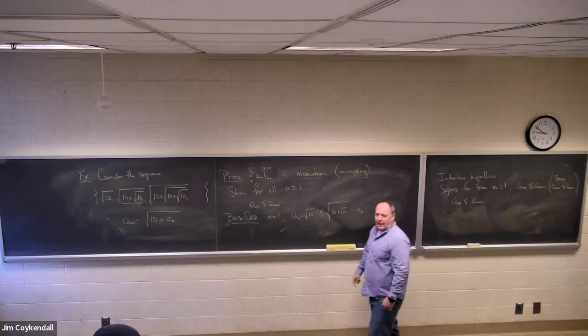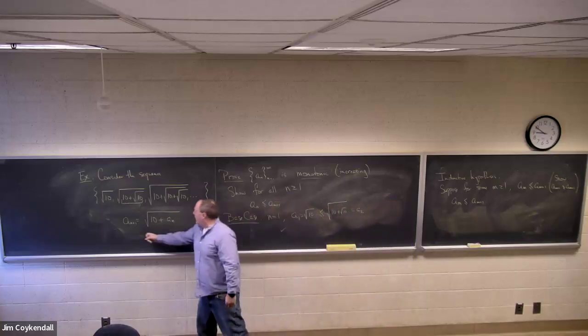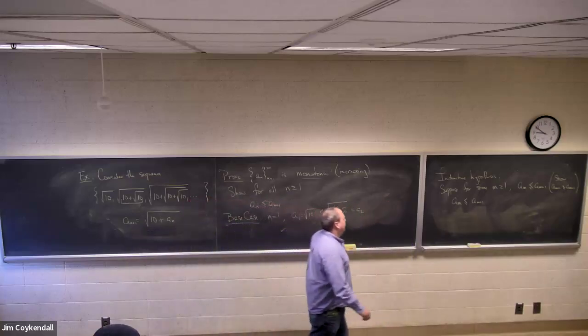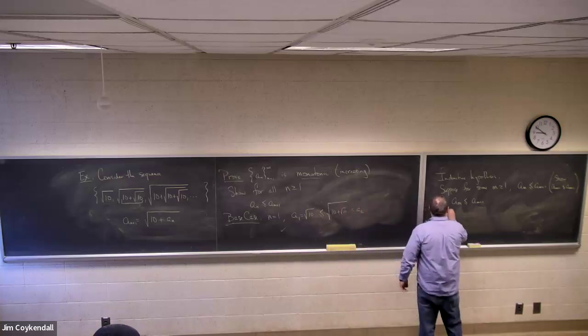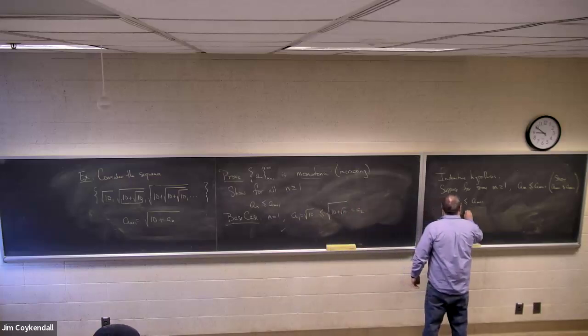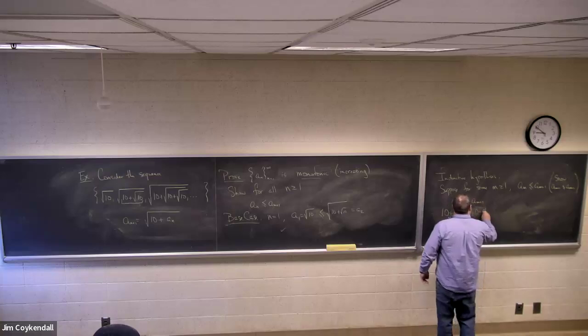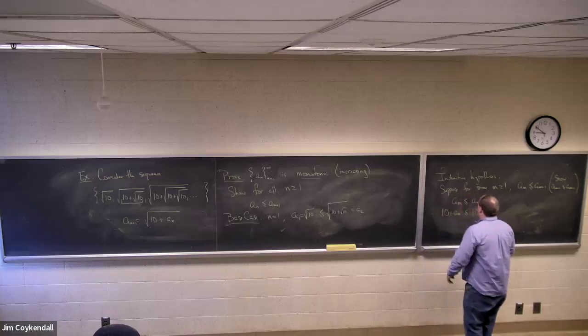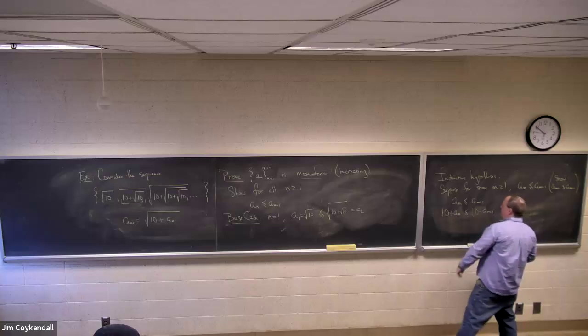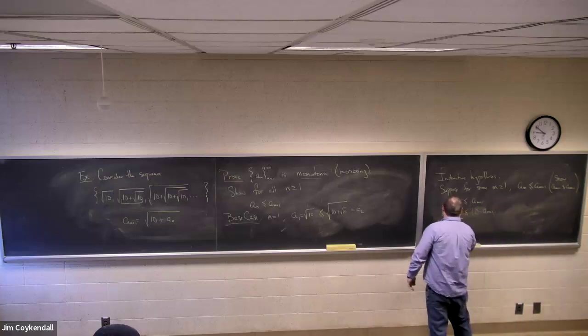I want to do just like I did before. I want to ratchet this up to the next term. So add 10 to both sides. And since this one is smaller than this one, the square roots preserve the order.